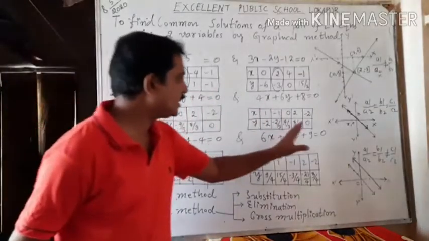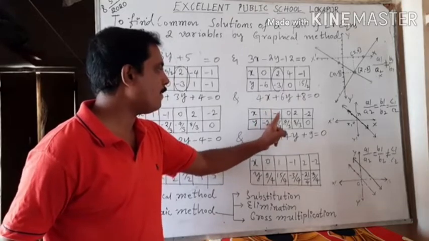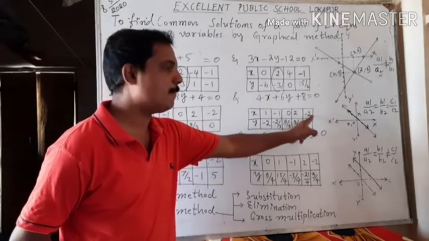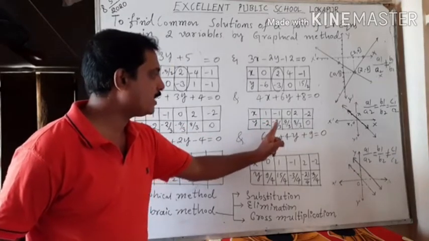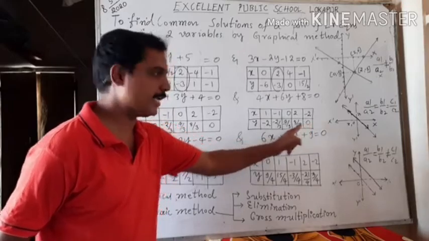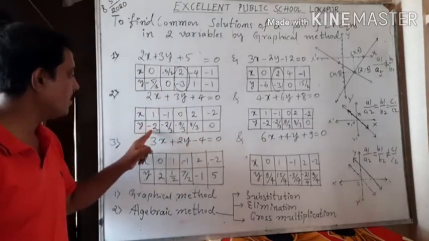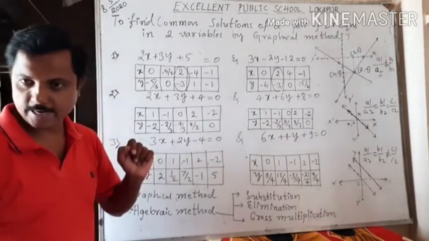Then for this equation I take the same values, x = 1, -1, 0, 2, -2, and the corresponding values of y are -2/3, -4/3, 8/3 and 0. See here, for x = 1, y = -2. Here also for x = 1, y = -2.